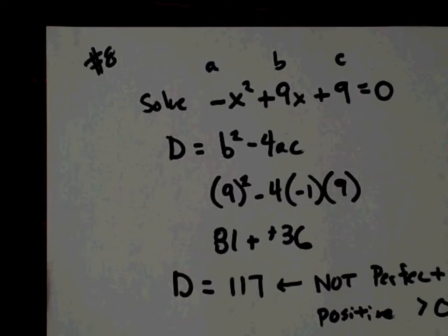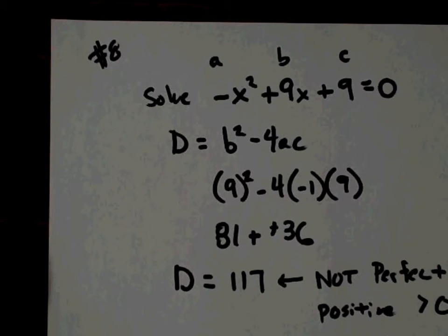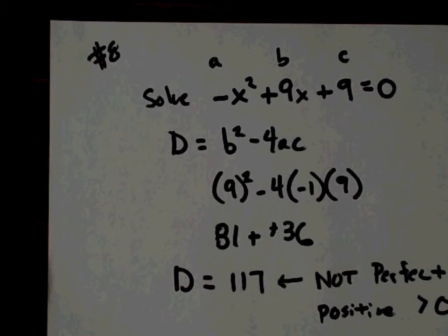Because their answers are 13. And 117 is prime. Correct? Incorrect. It's not prime? 117 can be divided by 3.